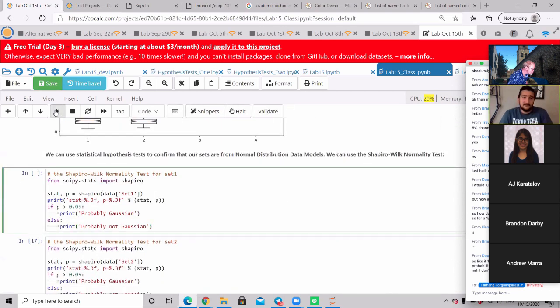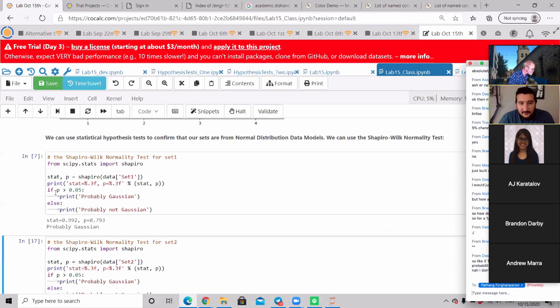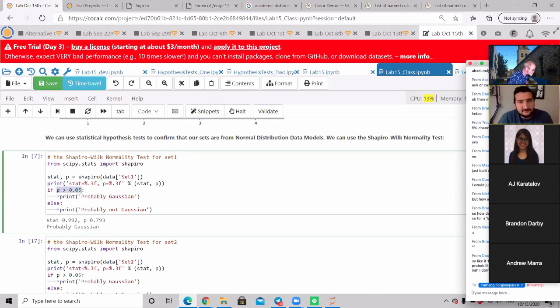Okay, now when I run my Shapiro function, based on a cutoff that I'm setting to be 0.05, this is my significance level, it is going to tell me that the p-value that I got from my samples is 0.8, basically. So it is far away from 0.05.